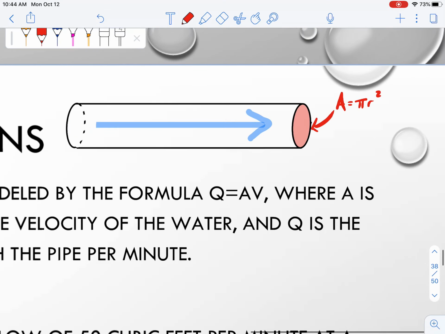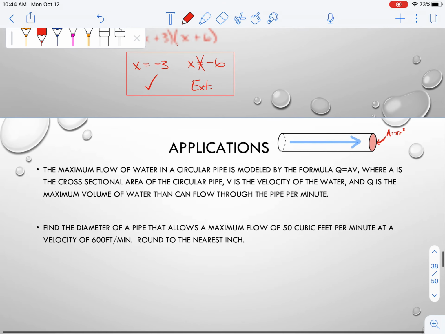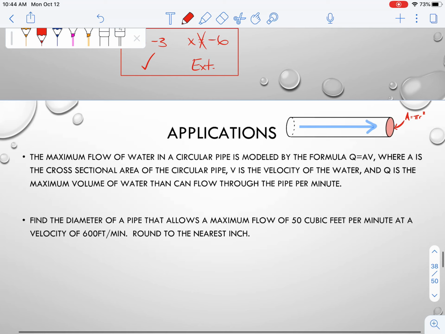If I make a substitution for the A in my Q equals AV formula, we end up with Q equals pi r squared times V.